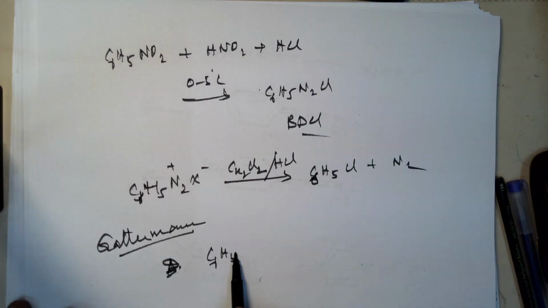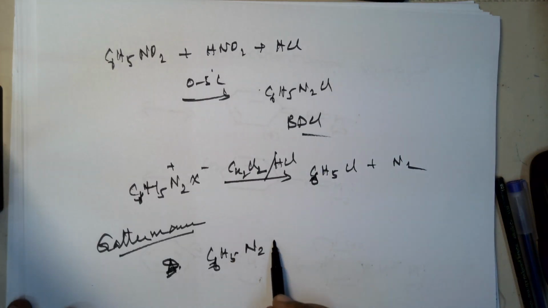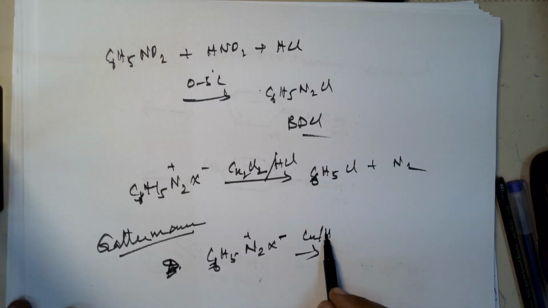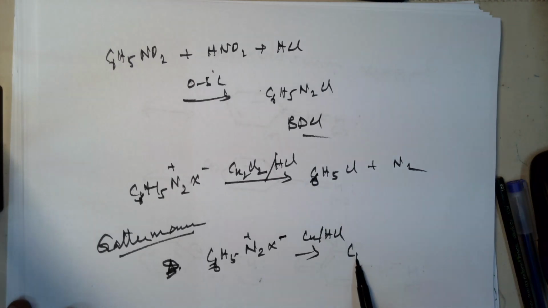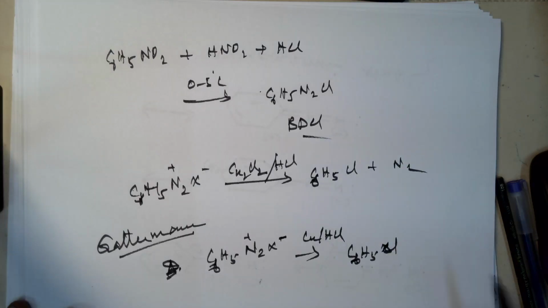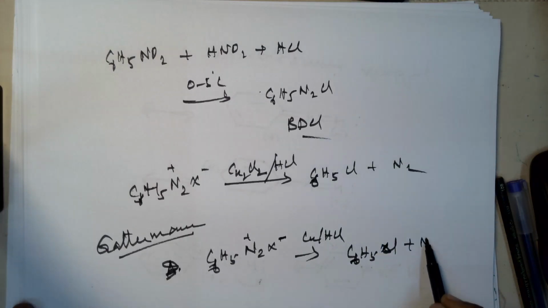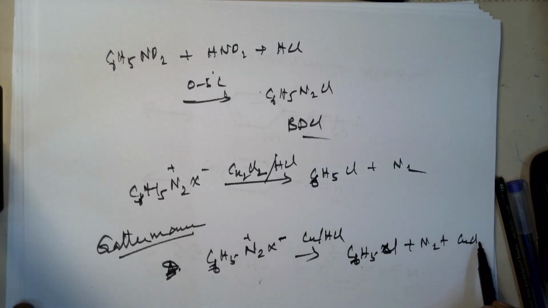So C6H5N2X minus, in the presence of copper and HCl, gives C6H5 with the respective halogen, plus N2 plus copper X. This type of reaction is called the Gattermann reaction, and the replacement by iodide is called the Sandmeyer reaction also.